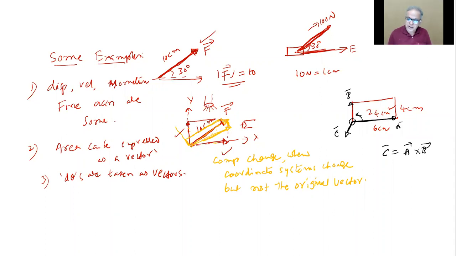And finally, you will find that the magnitude of C will be simply equal to this area. I'll show you later in cross product. So area can be made a vector. Actual area will be in the plane, but area as a vector is perpendicular to that plane. So that is one thing you need to take.